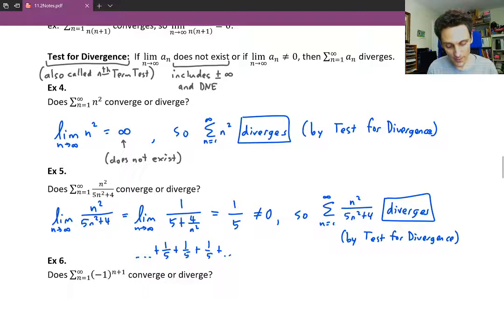And when you just add up an infinite number of 1/5, that's going to blow up to infinity, right? If you keep adding 1/5 an infinite number of times, that's going to blow up to infinity. So because the terms do not go to 0, they go to some other number, when you add up those numbers an infinite number of times, that's going to diverge. So that's the intuition behind the test for divergence.